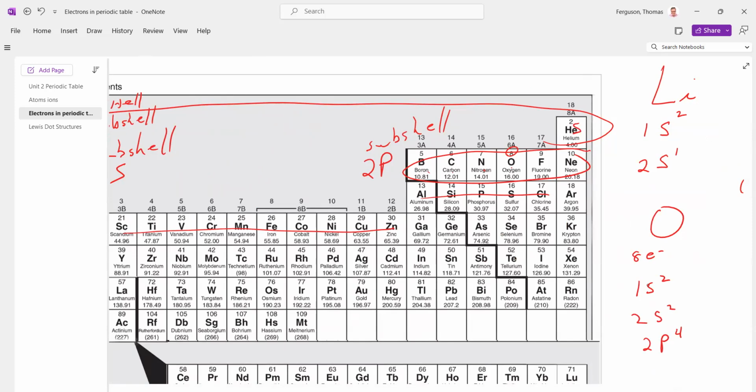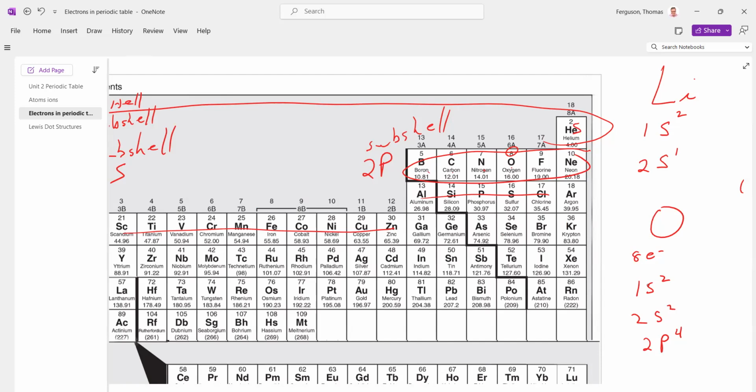When you're done, you should be able to add up these electrons, and they should equal the total. All we're doing is taking the 8 electrons that oxygen has and subdividing those electrons into orbits or orbitals. We're talking about quantum mechanics.